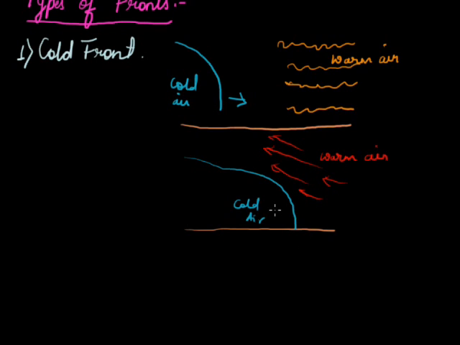As the warm air is pushed upward, when it reaches an altitude, it starts condensing and thus results in heavy showers or rainfall at the zones of the front.